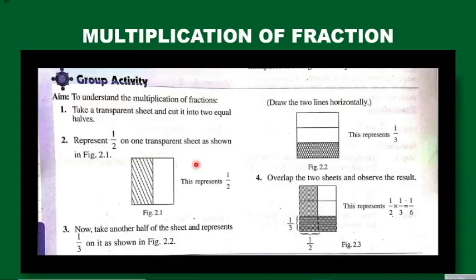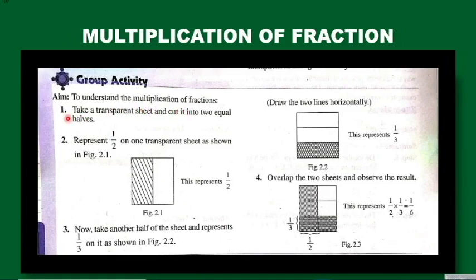So here I have an activity. This activity is to understand the multiplication of fractions.